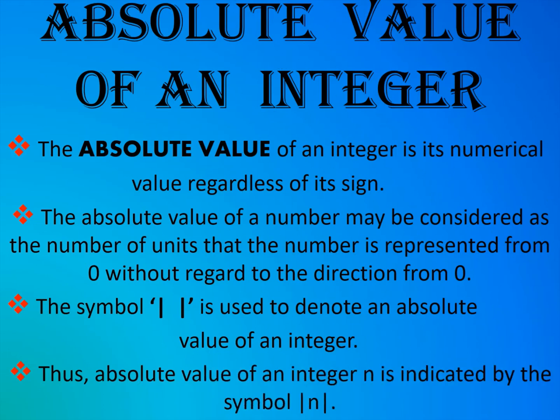So, now we will discuss the absolute value of an integer. The absolute value of an integer is its numerical value regardless of its sign. The absolute value of a number may be considered as the number of units that the number is represented from 0 without regard to the direction from 0.